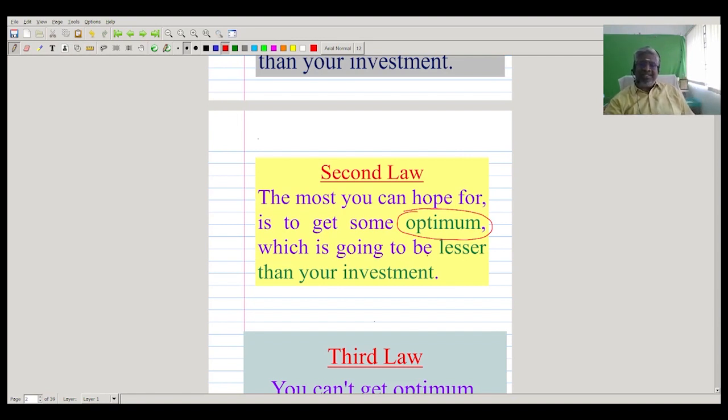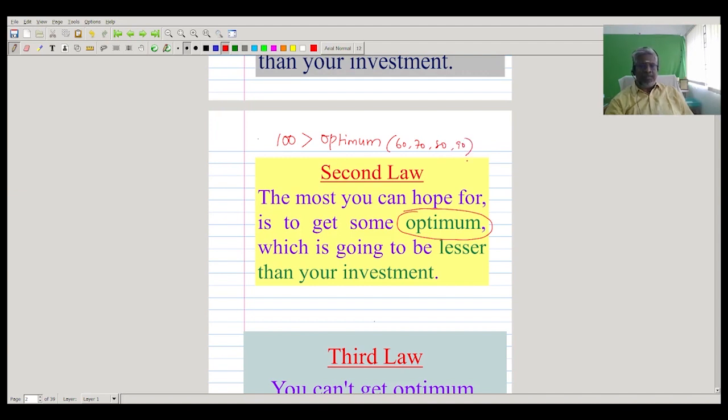You are going to get some optimum value out of your investment. Suppose you are investing 100 rupees. Out of this, you are going to get some optimum value. That optimum value is going to be lesser than what you have invested. The optimum can be anything, for example 60 or 70 or 80, 90 rupees.